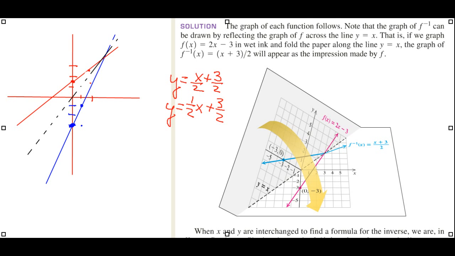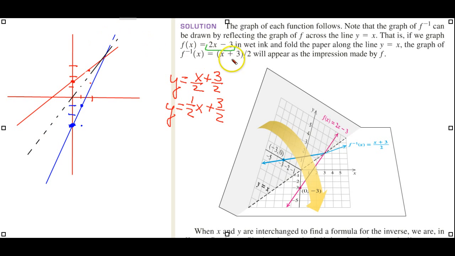Okay, a lot of stuff going on here. So this was our original line in blue, which they have. Actually, that one's in red over there. And our original line was this one, -3 over 1 up 2.